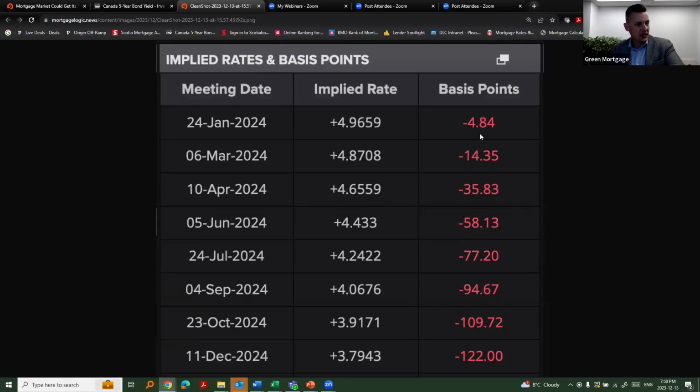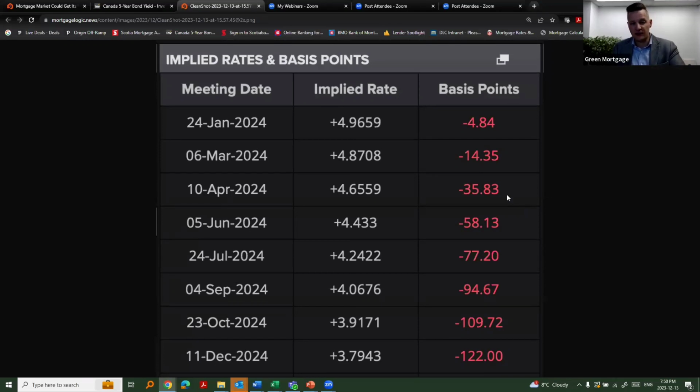But what they're suggesting here is that if you're looking at the basis points here, if you see the April announcement, they're expecting that the prime rate will be down by 35 basis points lower than it is today. It just means that there's a good chance that they think that the Bank of Canada is going to decrease the interest rate starting in April.